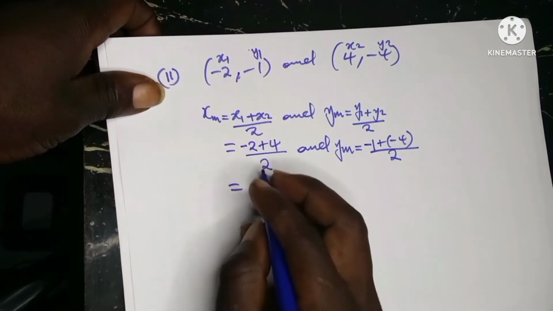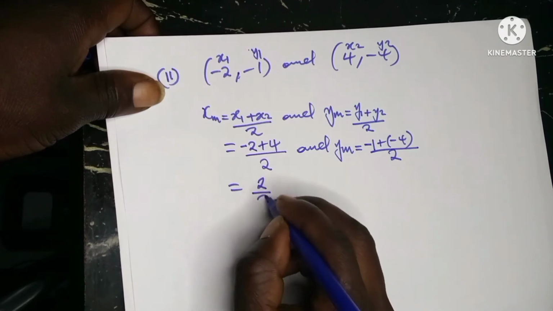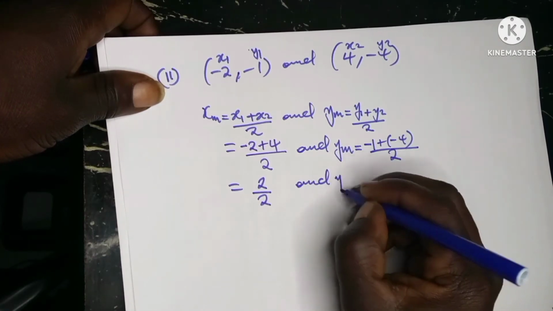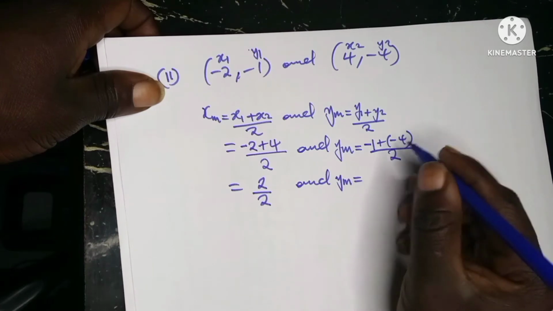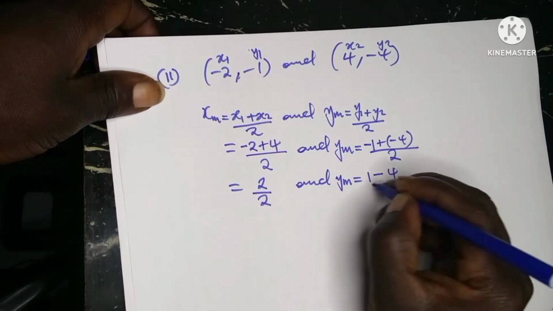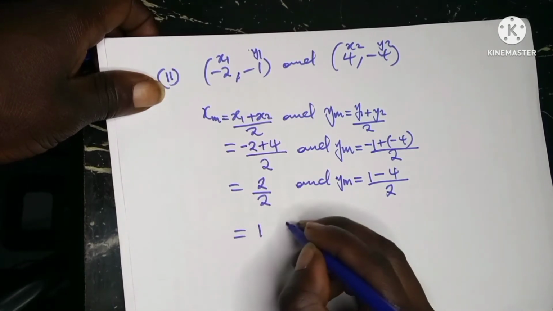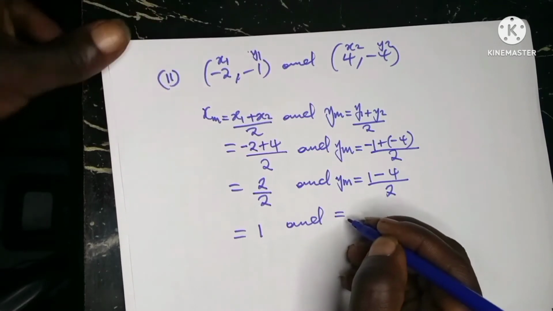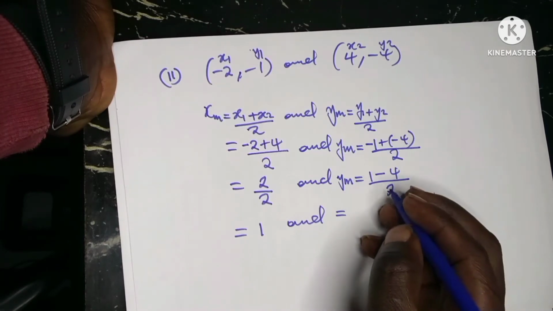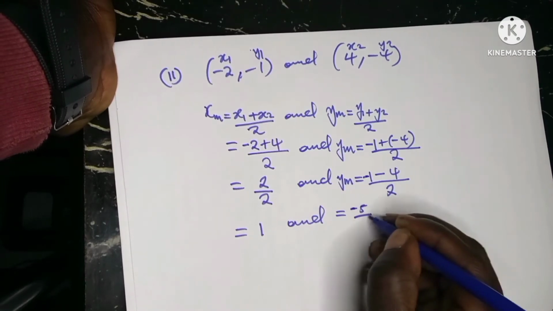So here we are going to have 2 over 2, which is 1, and here ym equals -1 plus -4 over 2, which is -5 over 2.